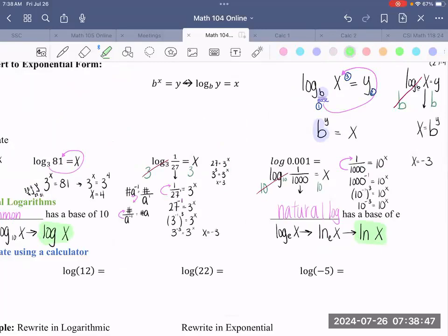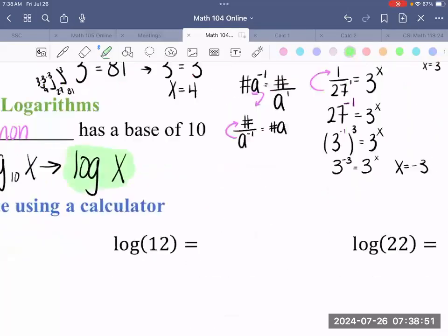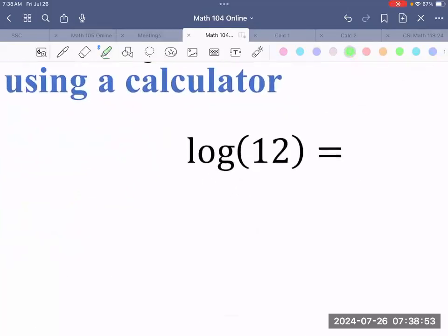Now let's take a look at typing these into your calculator. So if we have something like this, log of 12, right? Well, what is your base here? Your base we just talked about, if it's not written, it's really 10. And there's no need to shift it around because we're going to be using your calculator.